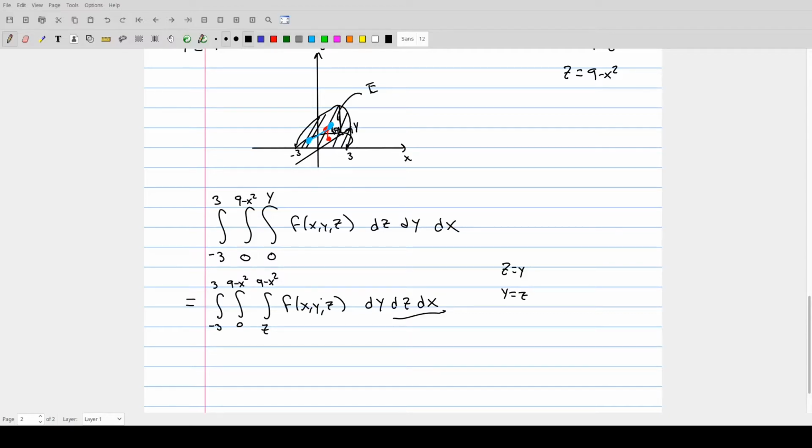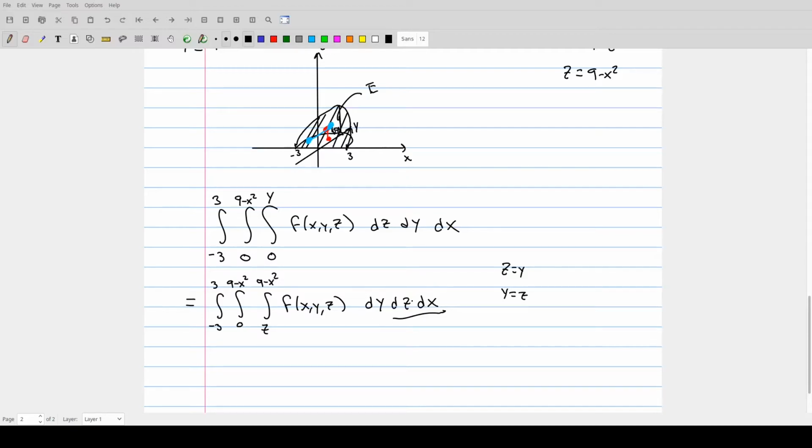And you can hopefully see that, in order to get the correct bounds of integration for a given triple integral, you have to be very careful and make sure to draw these traces and think about what the shape looks like in 3D. Because essentially each one of these bounds is a function of the other two.